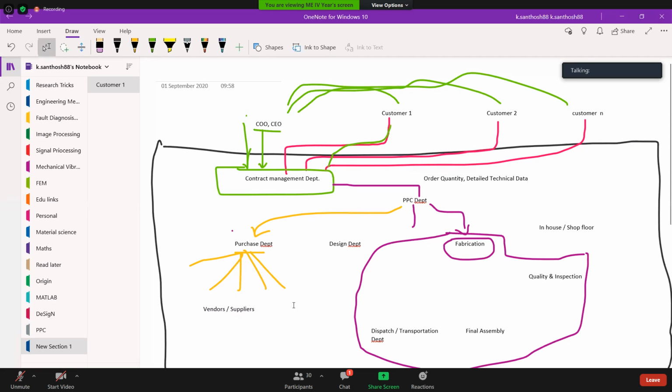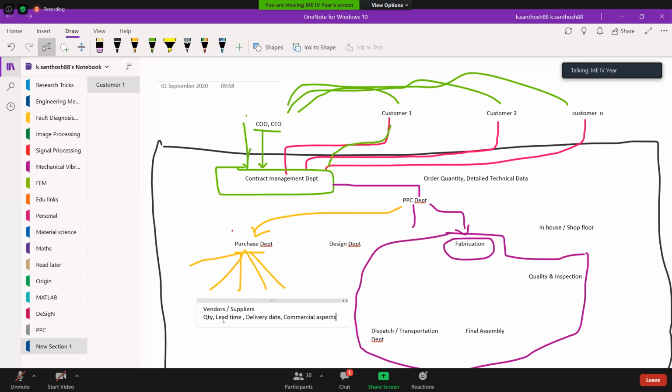Okay, so for these suppliers, when the purchase department is releasing the purchase order, they will mention the quantity, the lead time, and the delivery time or delivery date, comma, commercial aspects.